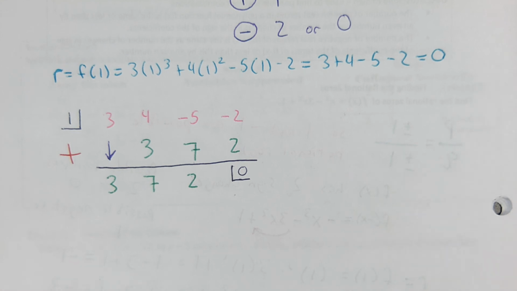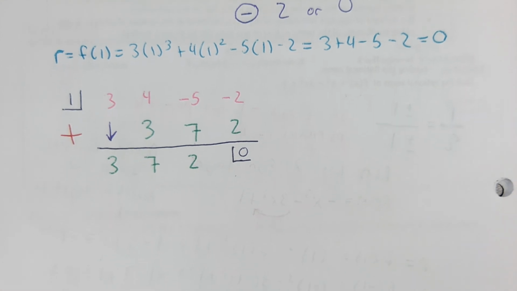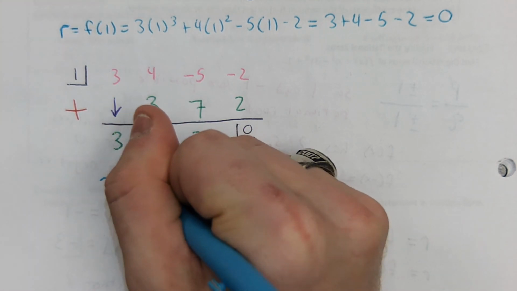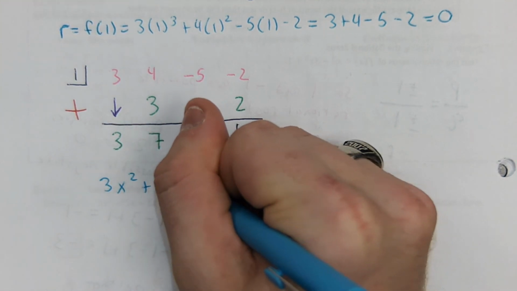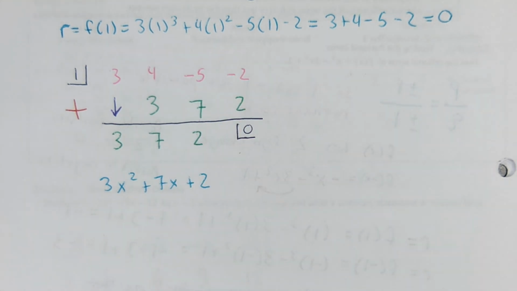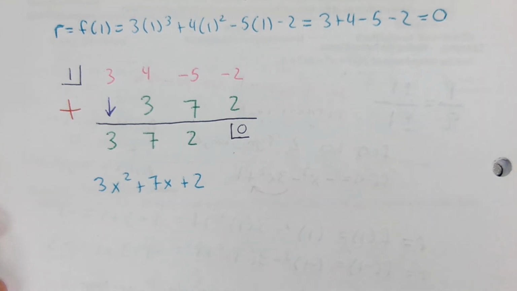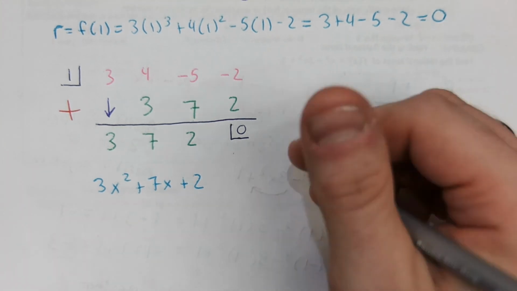This is the quadratic 3x squared plus 7x plus 2. What does that mean? What that means is if you had done the long division, you would have gotten a statement like this.